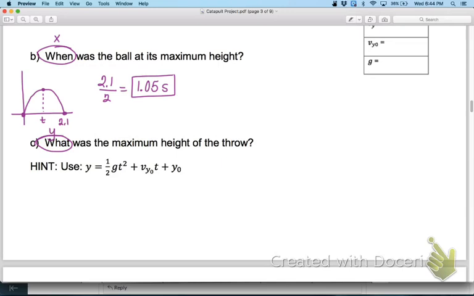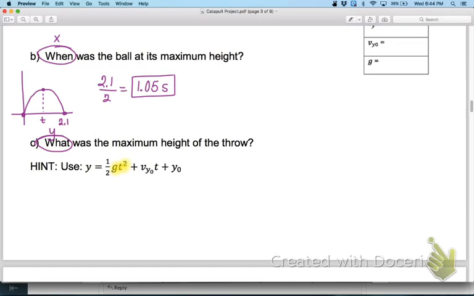Now, because we're going to use this little trick, we know that halfway through is where it hits its maximum height. We're going to use 1.05 for t, just like we did in the example we talked about at the beginning. We know that g is going to be the effect with gravity, and they told us that. I think they said 32.18, but we're just going to go ahead and use 32.2.